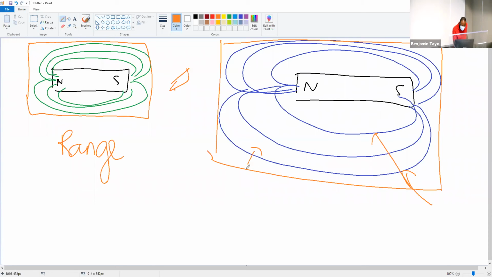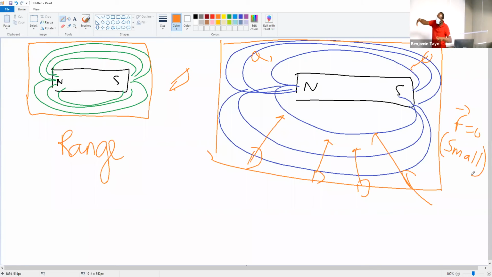I put something right there, it gets pulled in by the magnet. So the force is always going to act in each of those regions right there. But once I'm outside, the force is going to be equal to 0. So 0 means that, again, it's not really 0, but we said that it's very, very small outside the range.